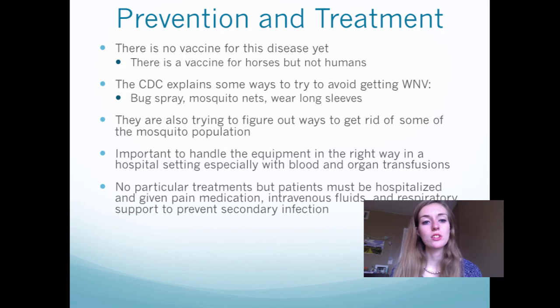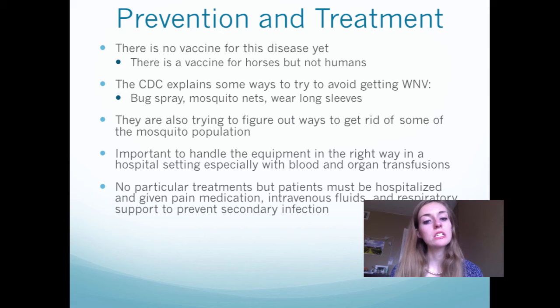So, prevention and treatment. There is no vaccine for this disease yet. There is a vaccine for horses, but not for humans, unfortunately. The CDC explains some ways to try to avoid getting West Nile virus, such as bug spray, mosquito nets, or wearing long sleeves. They're also trying to figure out ways to get rid of some of the mosquito population.